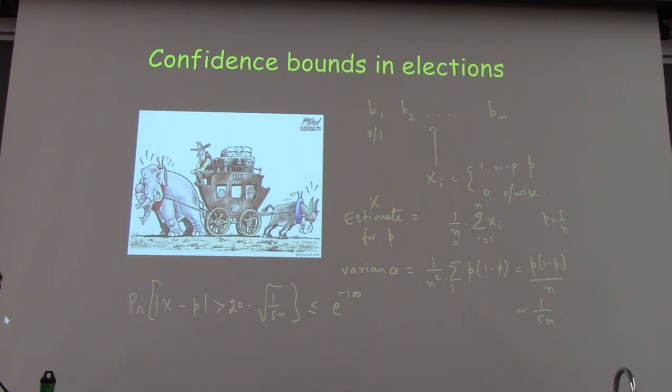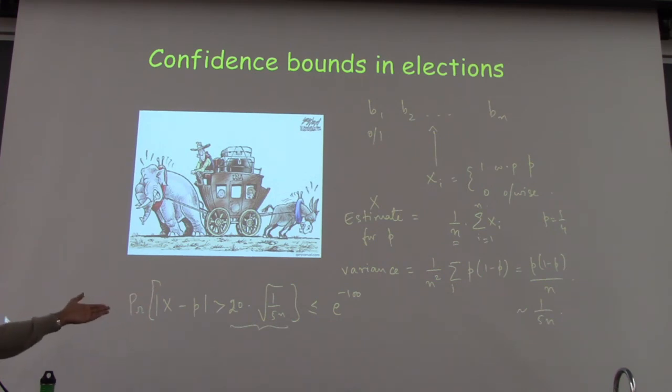So what this is telling us is that the probability that this estimate differs from the true p by more than this amount is extremely tiny. Okay, so this is what Chernoff bound is telling us.